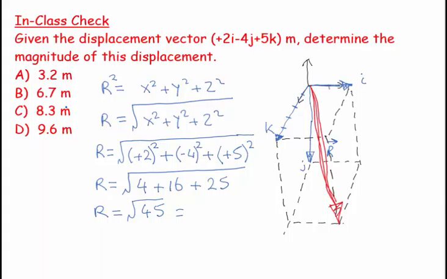Square root 45, enter. Yeah, 6.7 is the answer. It's a physical parameter, so it has units, which is meters. Put it in a box. And it's this guy here.